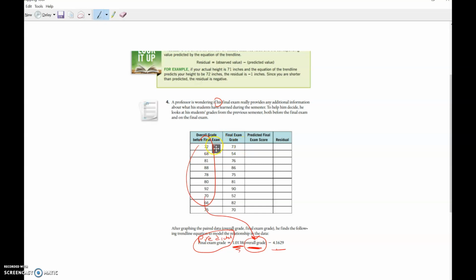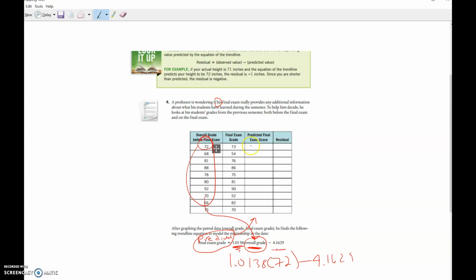So for example, someone that has a 72%, we're going to take that 1.0138, sub in that overall grade, and then subtract that 4.1629 and hit enter. And what that's going to do is give us our predicted exam score.